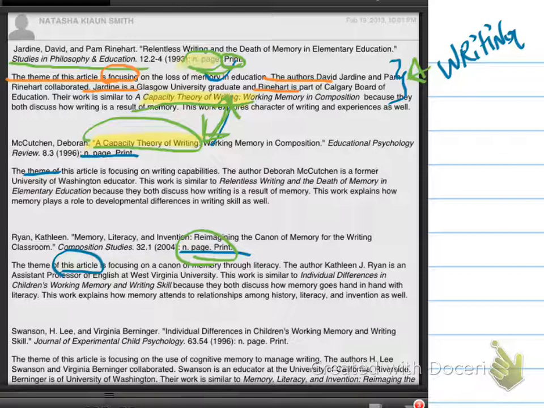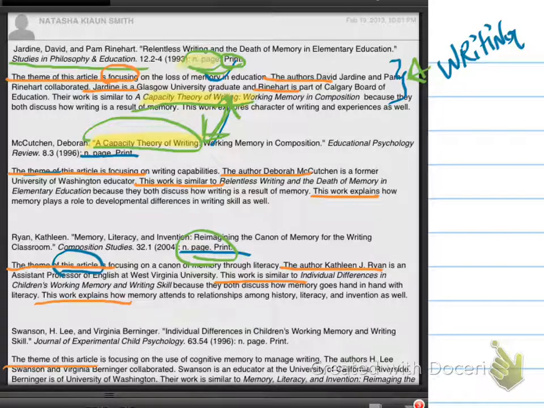Now, if we go to the next entry, the theme of this article is focusing on. The author, Deborah, is a former educator. This work is similar. This work explains. Are you starting to see a pattern? It looks like you are putting a template together. Next one. The theme of this article, the author is, this work is similar, this work explains.